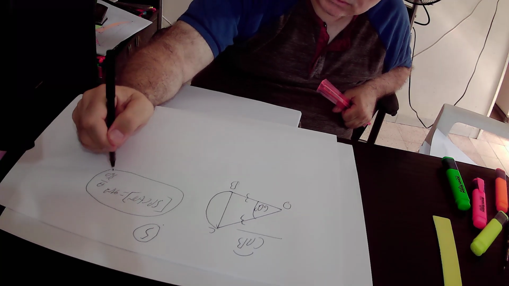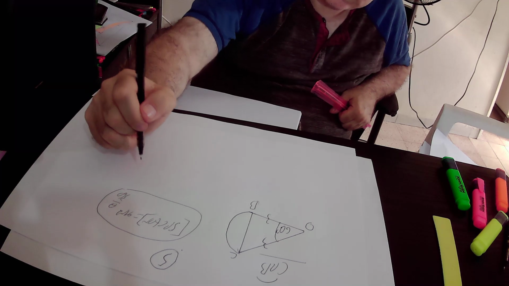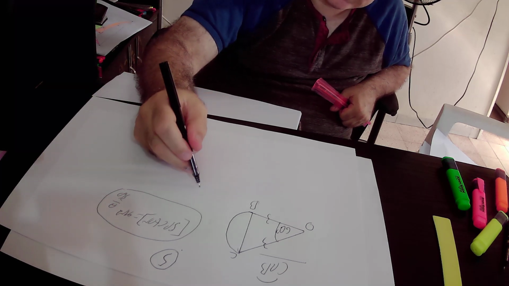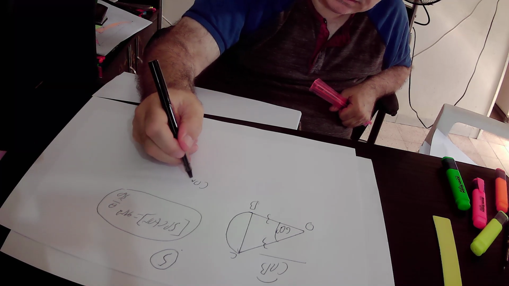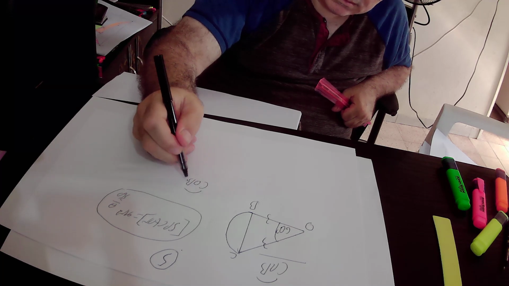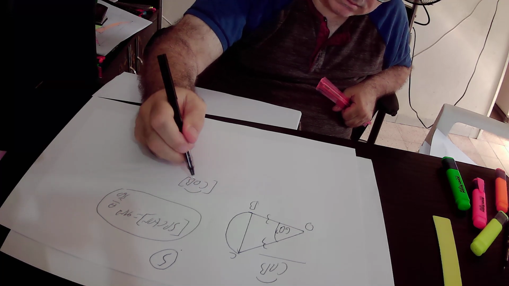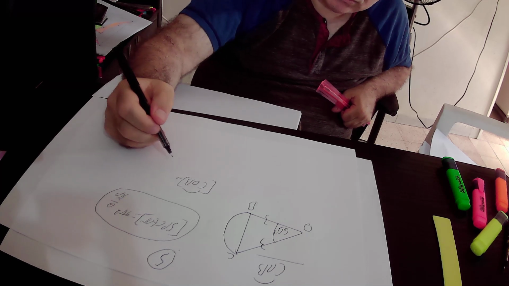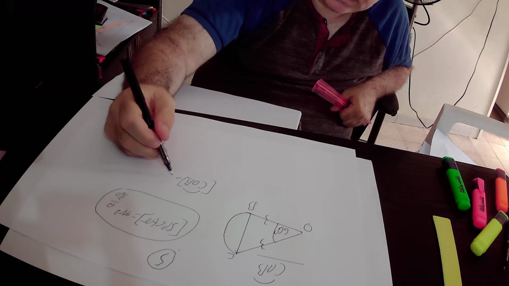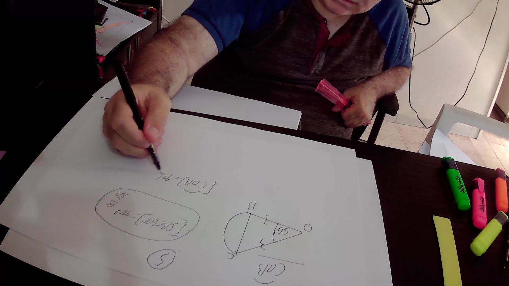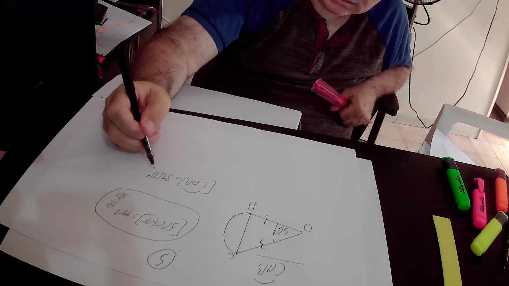Okay, so according to this formula, the area of our sector COB equals pi r squared. R is 3, so pi r squared is pi times 3 squared times theta.